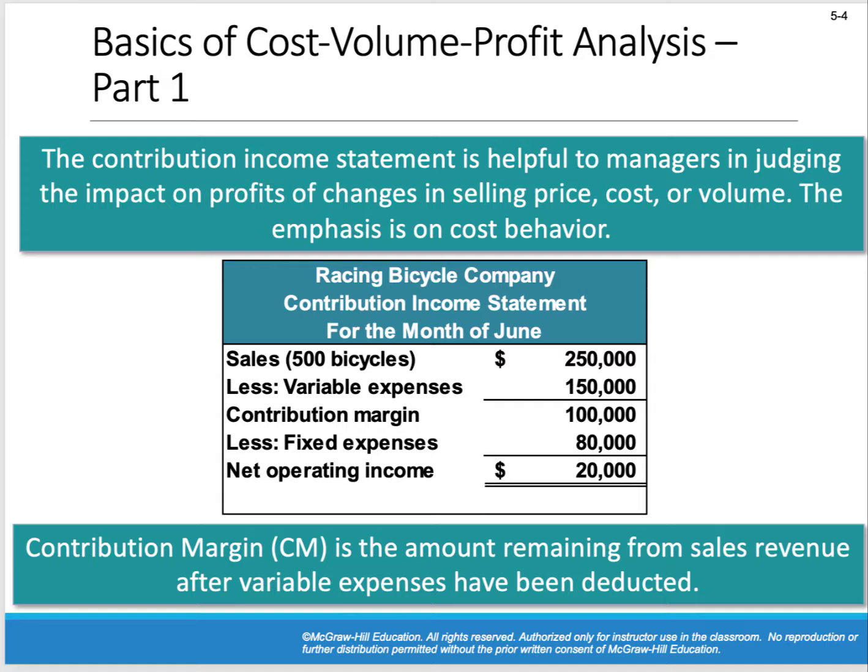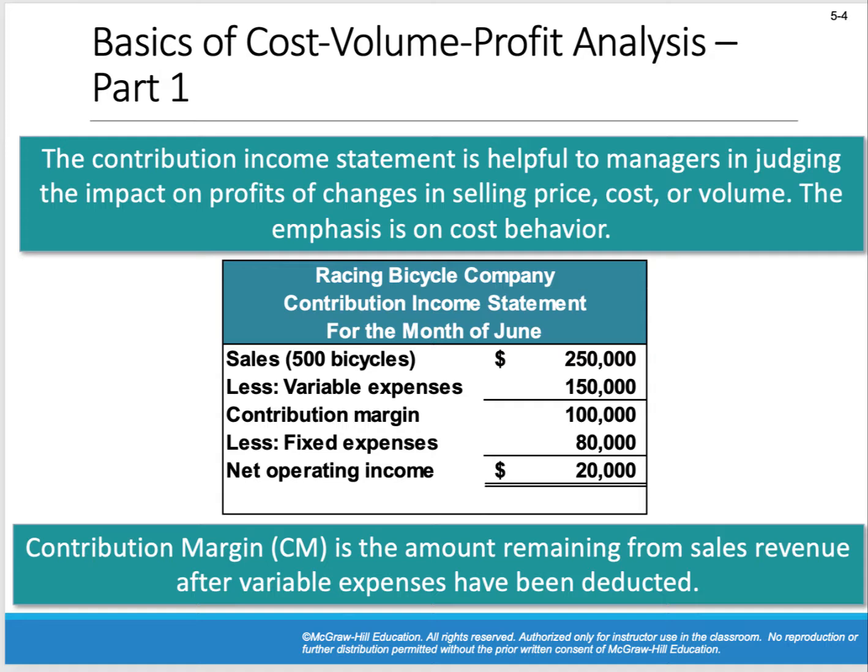the contribution format income statement. This comes again into play. I told you in Chapter 1 how costs behave, and the contribution format income statement is going to be something that keeps coming up in our study of managerial accounting.